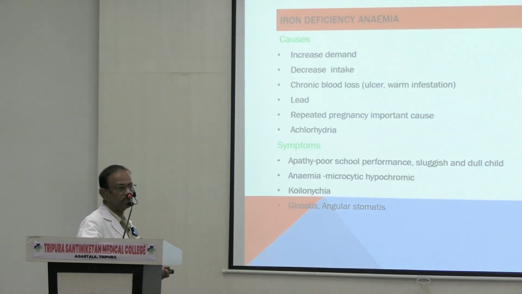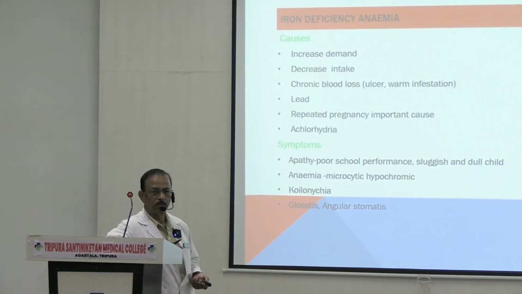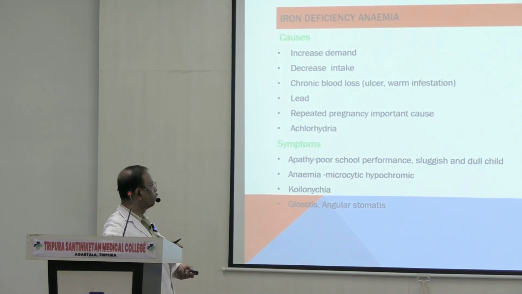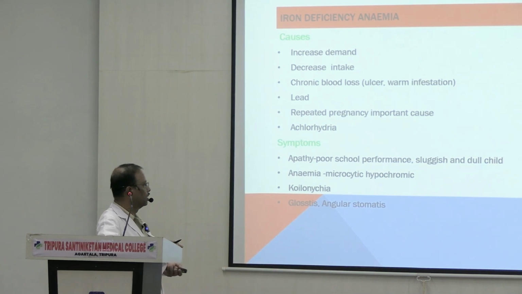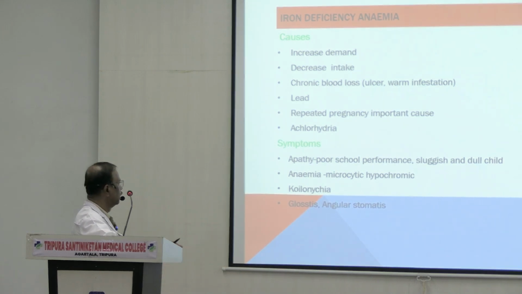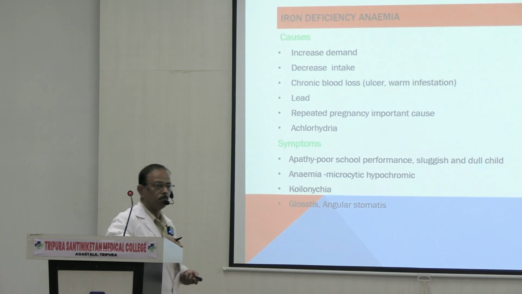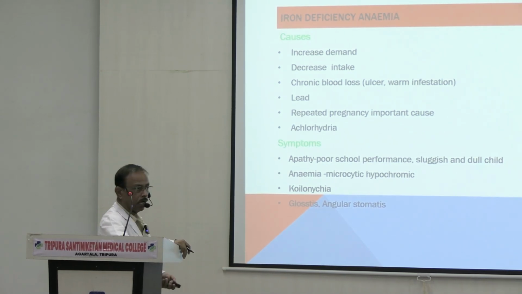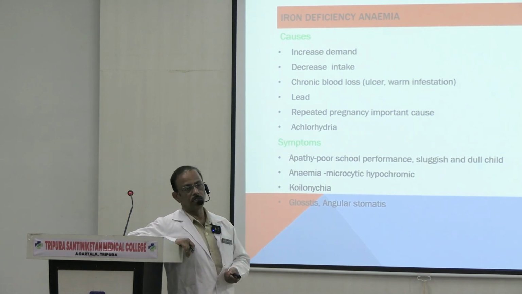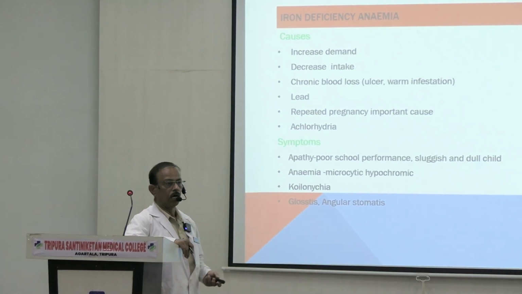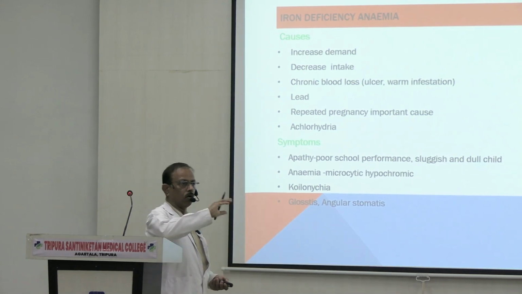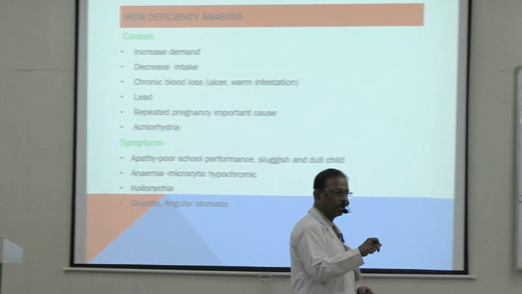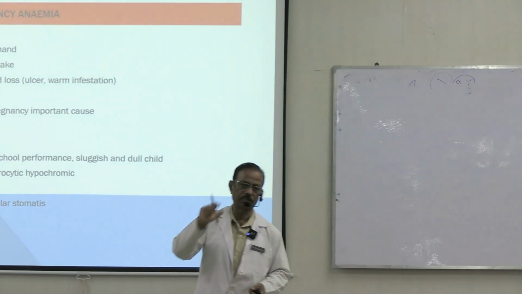Symptoms: as hemoglobin is very less, there will be apathy, then poor school performance, sluggish and dull child. The anemia will be microcytic hypochromic. As hemoglobin is less, when the RBC is stained, it will be deeply stained at the periphery and the central area becomes less stained.